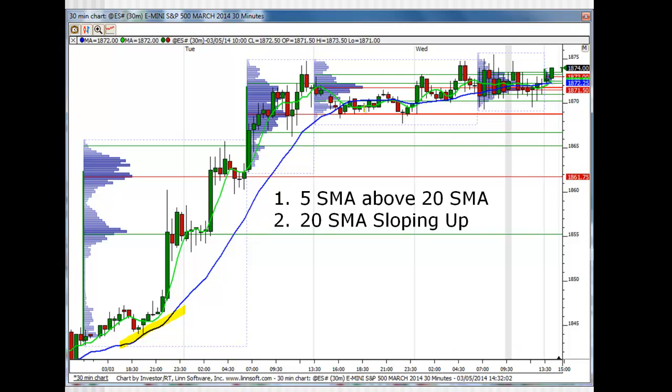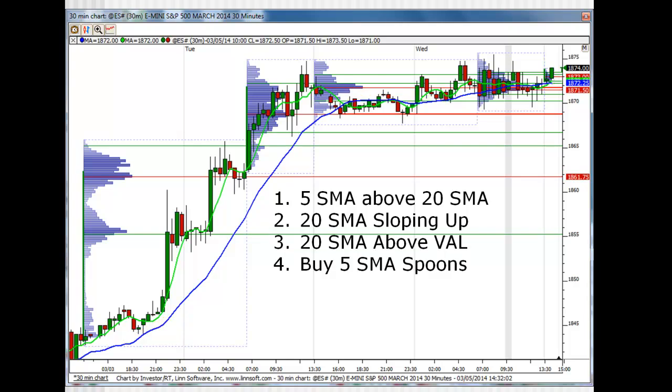So see here, when we look at a period of congestion, notice how the slope of the simple 20 is more horizontal, and we really don't have a nice upward slope as we do here. So for the second condition, you need to have the 20 simple moving average sloping higher and sloping up.